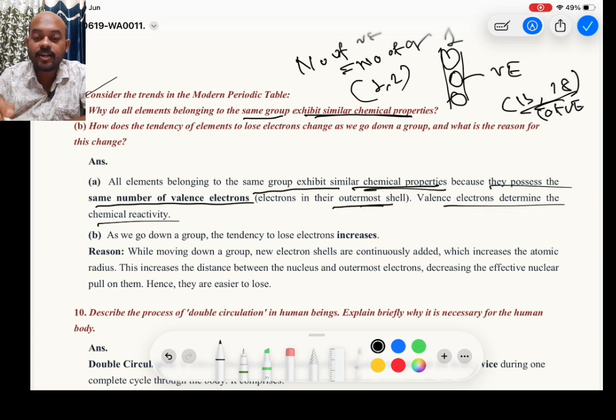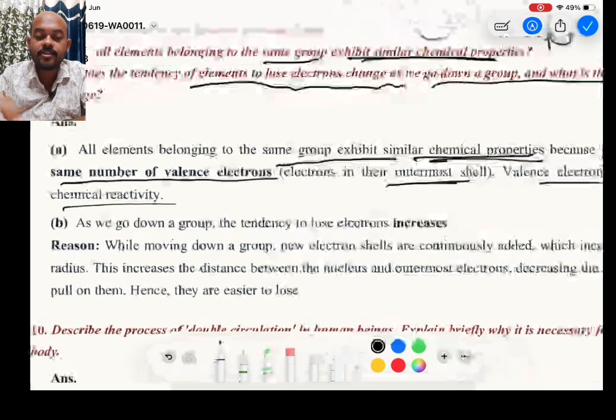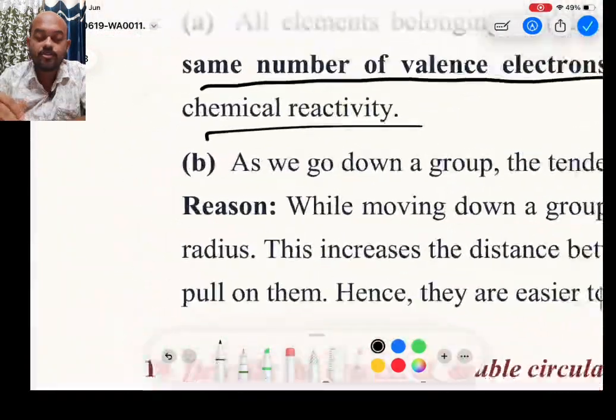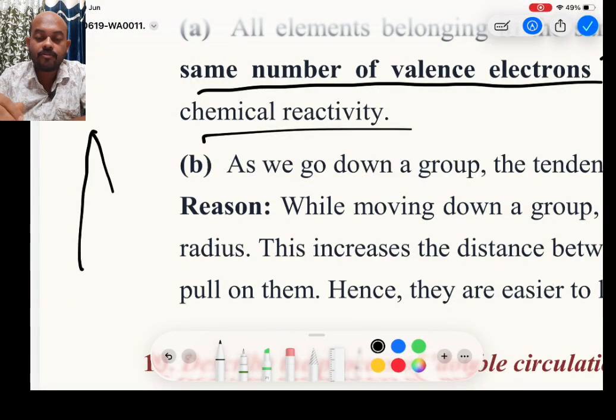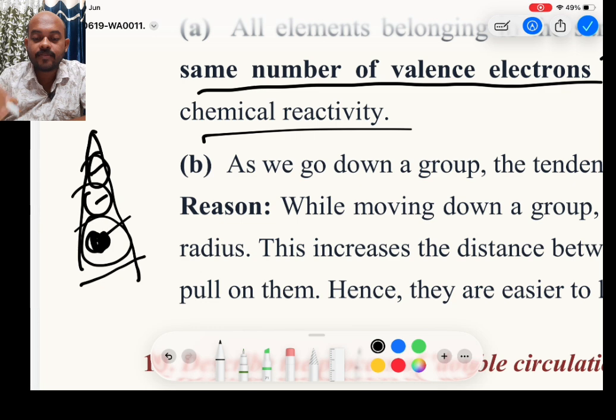Question number 2. How does the tendency of elements to lose electrons change as we go down a group, and what is the reason behind it? So see, definitely the tendency to lose electrons will increase as you move from up to down. You can see the atomic radius increases. Atomic radius increases means the pull of the nucleus will decrease.